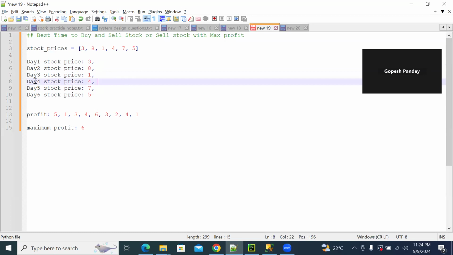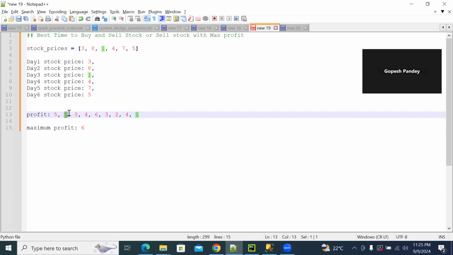So now you have to go to day 4. On day 4, the stock price is 4, and we can consider it as a selling price. If you compare with all the previous days' prices, and you buy the stock on day 1 at 3 rupees and sell on day 4 at stock price 4, then you get a profit of 1.